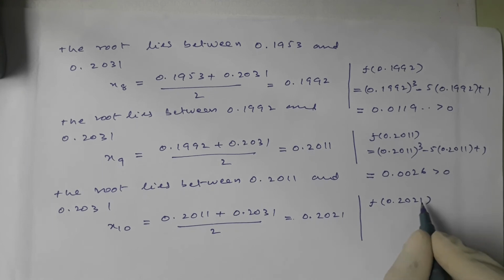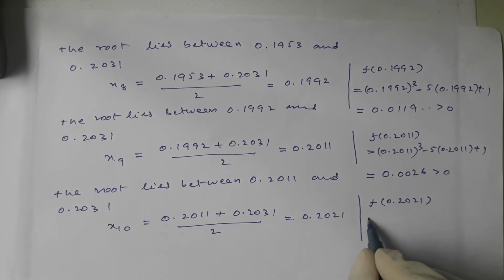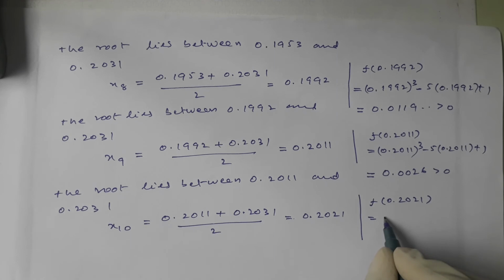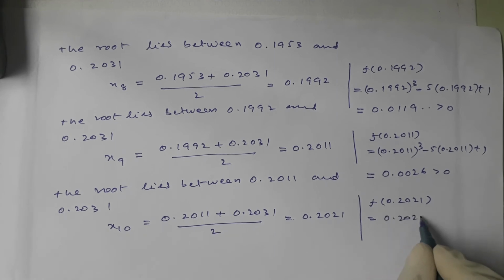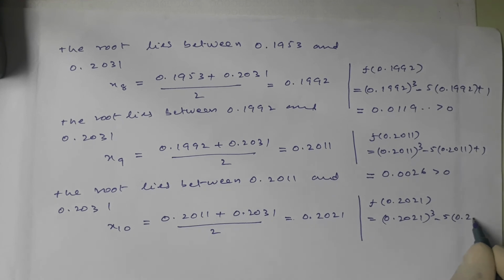is equal to 0.2021 whole cube minus 5 into 0.2021 plus 1, which is equal to minus 2.24, less than 0.